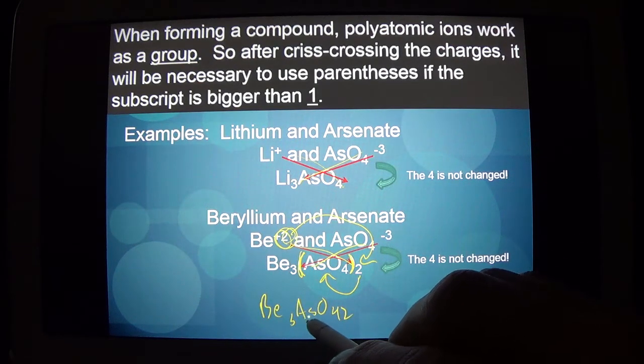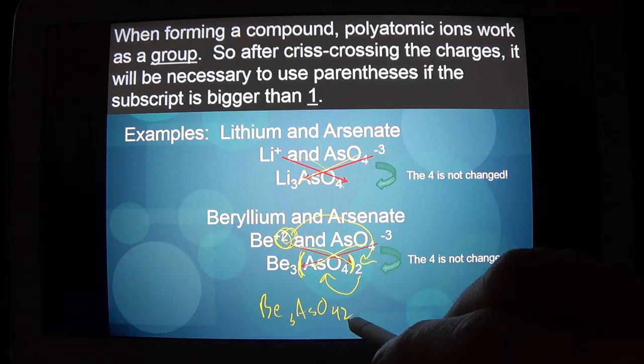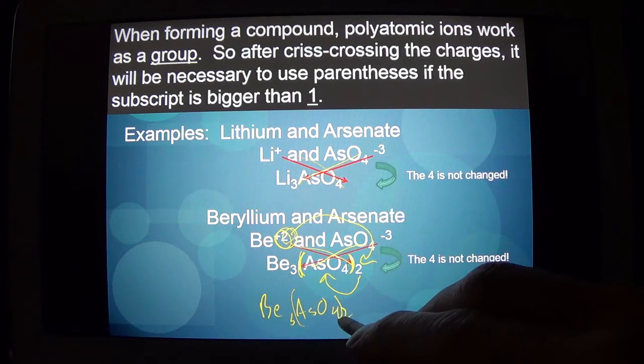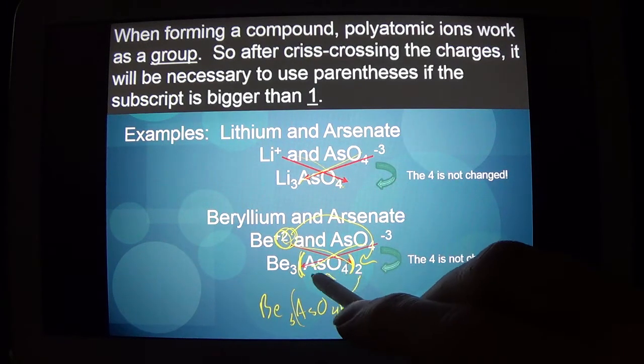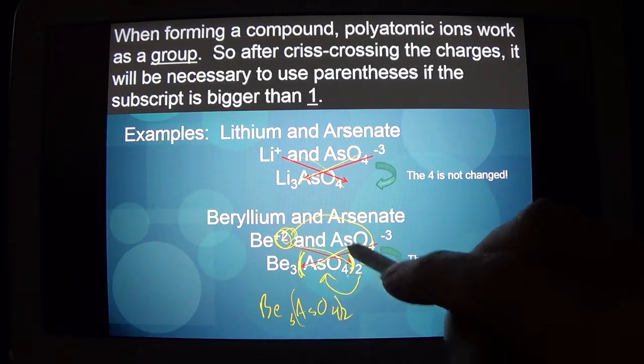We'd be saying, instead of arsenate, we'd be saying whatever AsO42 is. And that is so not what we want to say. We want to say we have 2 arsenate groups. All right? Just like a rock band, everyone's sad when the rock band breaks up. Don't break apart the group. If it is a group, it needs to stay as a group. Don't break it up.